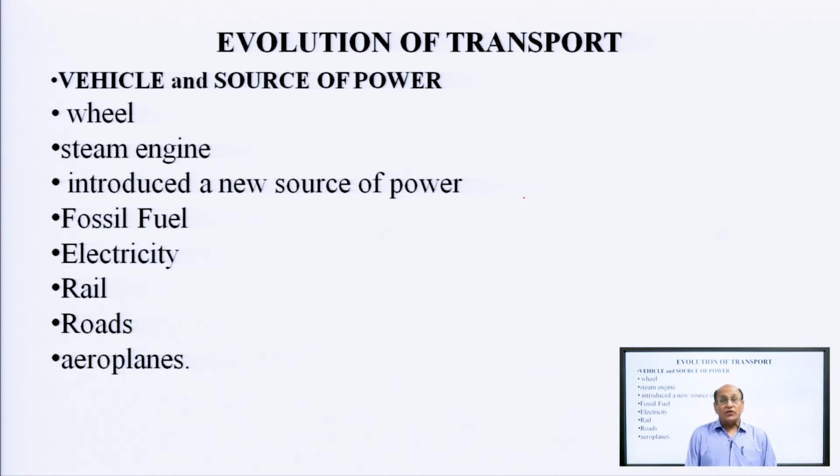Solar power or boats, etc., these are the powers we utilized during the evolution of transportation. The fossil fuel is one of the greatest revolutions, which can be used by vehicles for speed, safety and attractive power. Electricity is also a big invention.